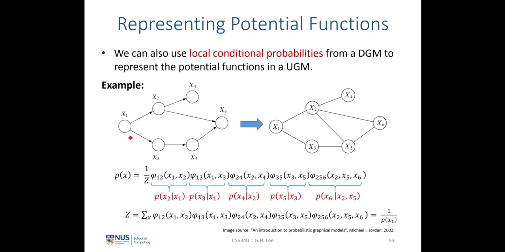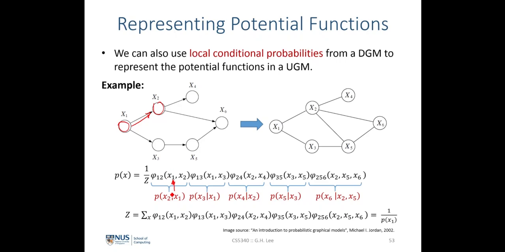We can directly convert the joint probability distribution into the undirected graphical model, where we simply take every conditional probability in the original directed graphical model and assign it to a potential function that is a function of the random variables in the local conditional probability. For example, x2 conditional upon x1, which represents this arrow and this node here.